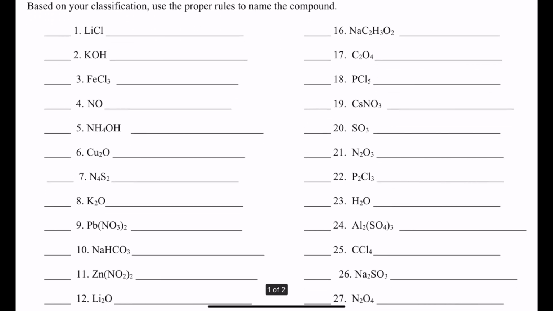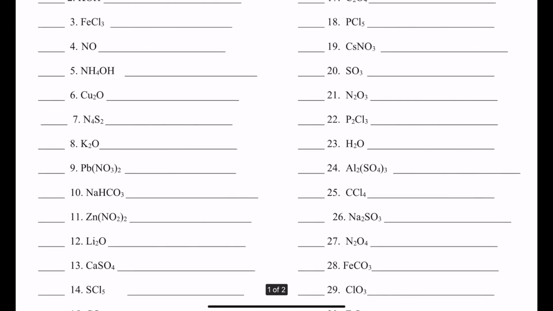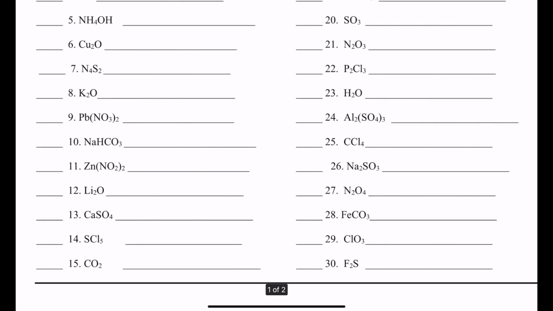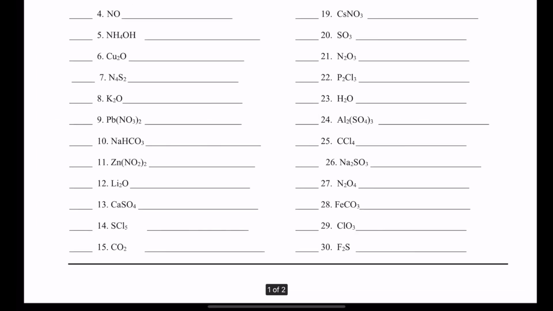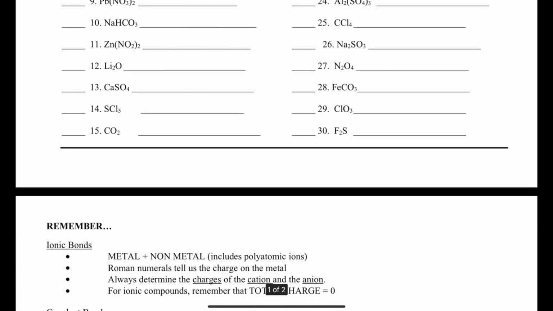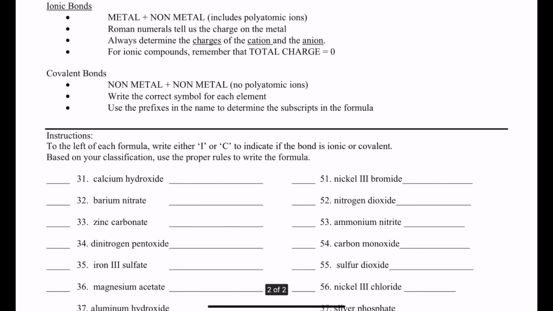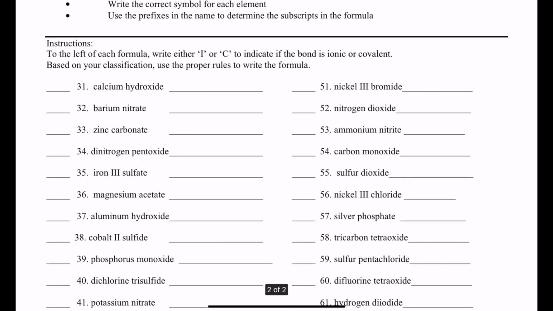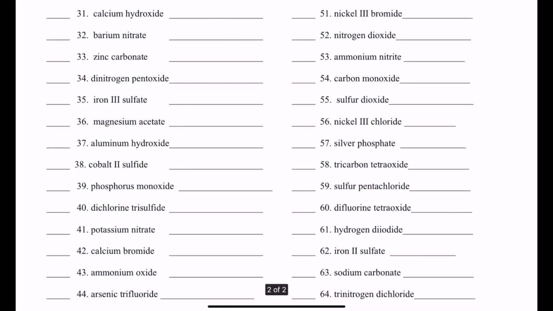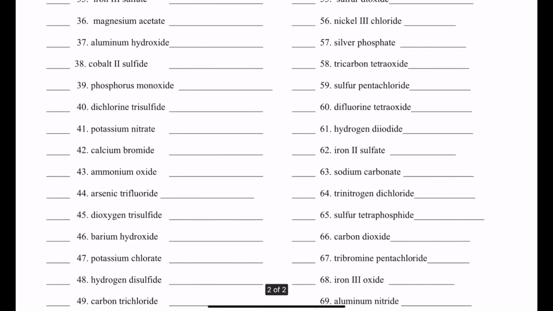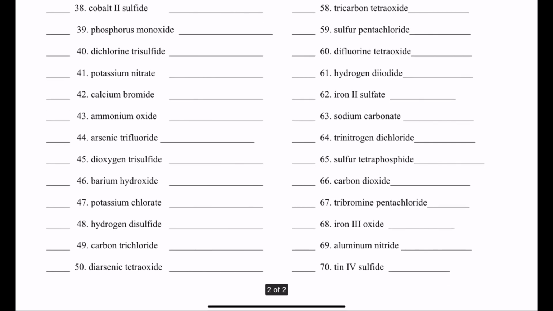And this is some practice with naming. So there's a few examples right here. You want to identify them as ionic or covalent and then try to name them. And then here is some practice with writing the formula from the name. So maybe identify it as ionic or covalent and then try to come up with the formula. Looks like we're missing some parentheses here.